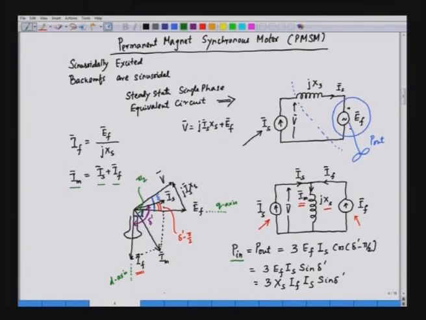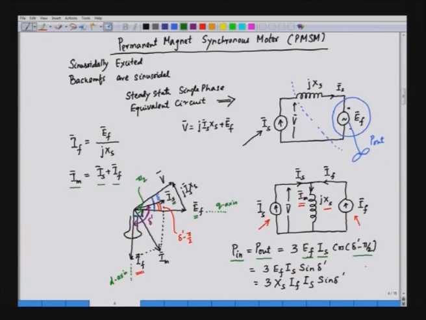The power input is the same as the power output, which is equal to EF, the field induced EMF, times the stator current IS, times the cosine of the angle between EF and IS, that is delta prime minus pi by 2.